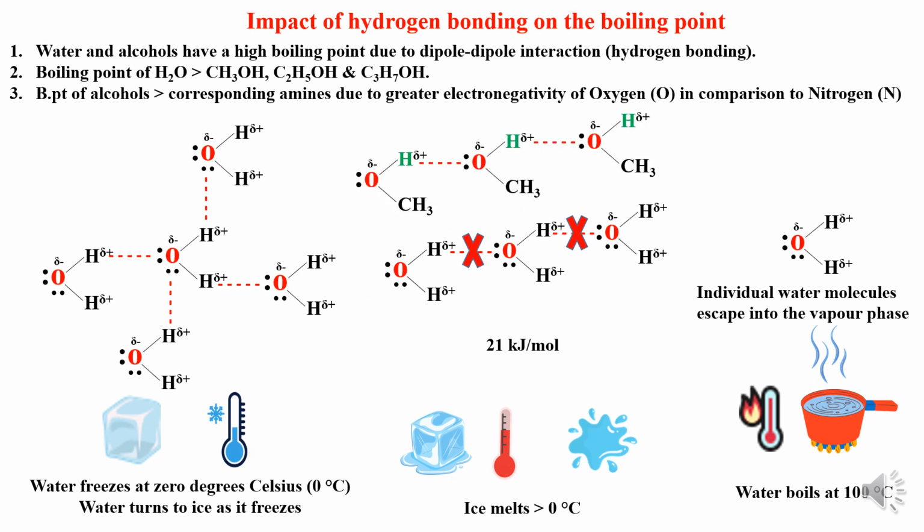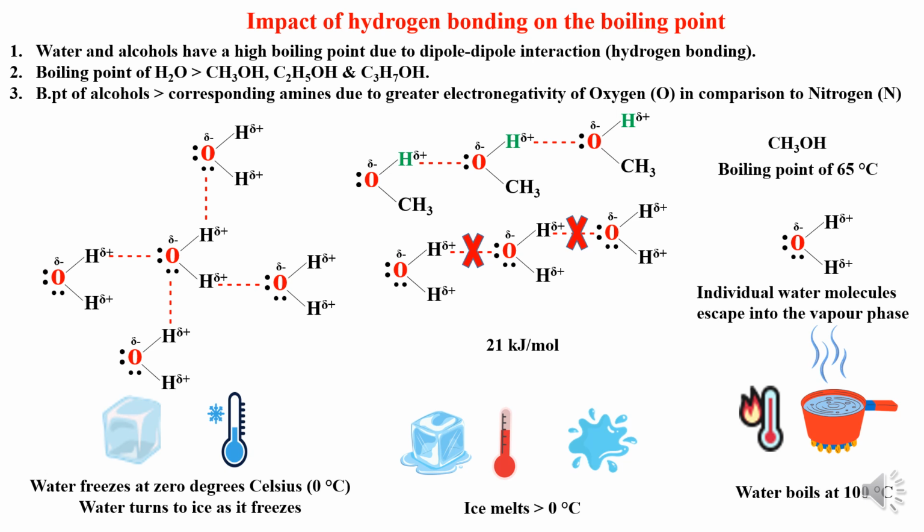Now, what about methanol? Now, you will see that the methanol molecule can form hydrogen bond with two other molecules. So, water molecule can participate in hydrogen bonding with four other water molecules, while alcohol, that is methanol, it can participate in hydrogen bonding with two more methanol molecules.